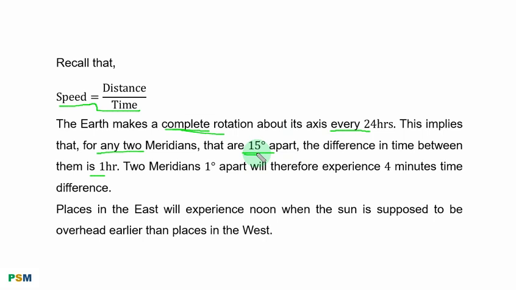So for every 15 degrees, you have 1 hour, and so on. 2 meridians 1 degree apart will therefore experience 4 minutes time difference.